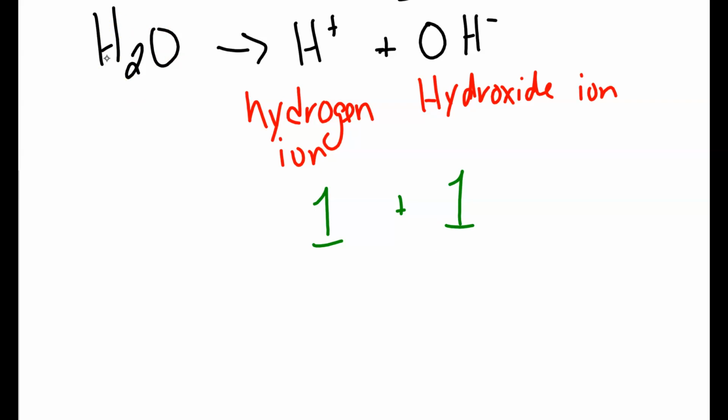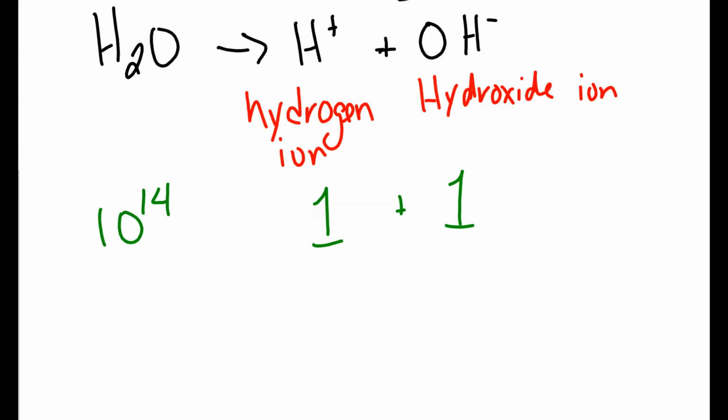What is the ratio? It turns out that for every one hydrogen ion that's created, you have 10 to the 14th power water molecules that did not dissociate.